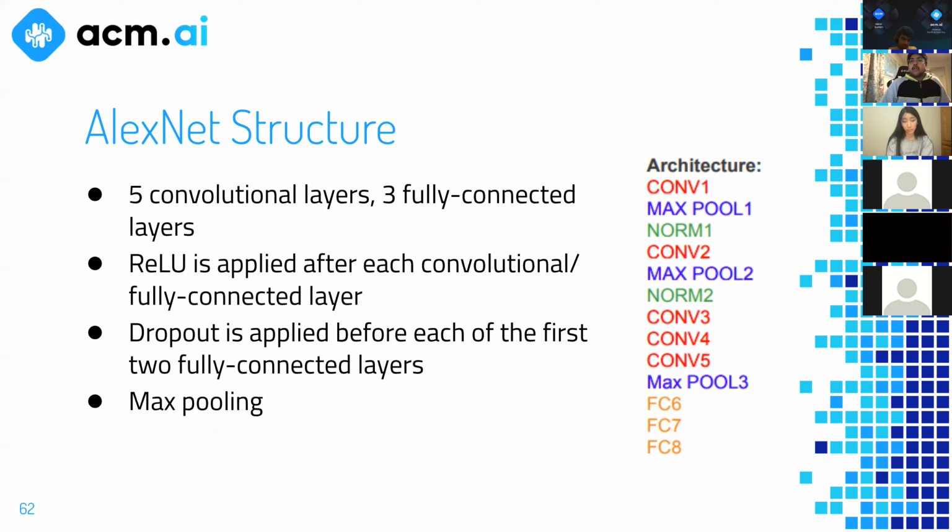ReLU is applied after each convolutional or fully connected layer, to minimize the vanishing gradient problem and to speed up computation. Dropout is applied before each of the first 2 fully connected layers. And we have max pooling, which we talked about towards the end of our lecture series.